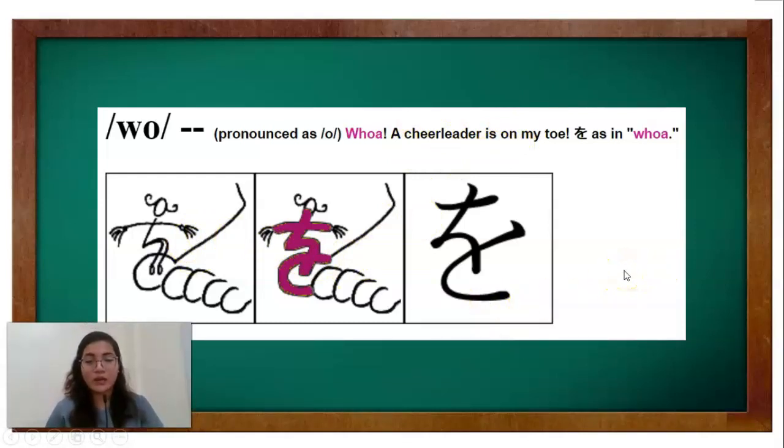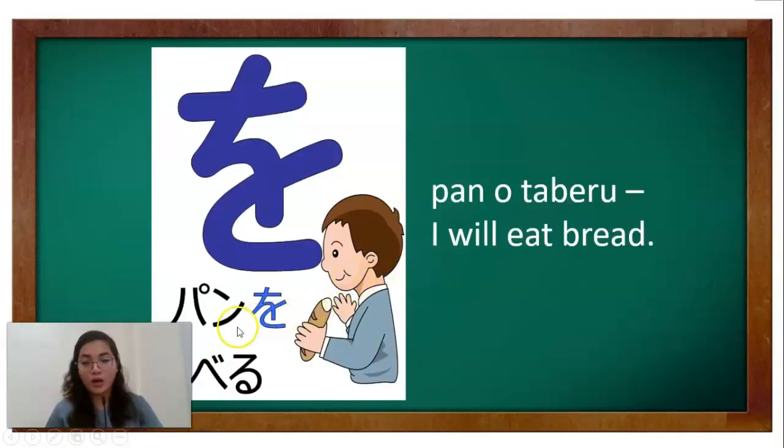Here's an example sentence with the o. パンを食べる. This means I will eat bread.